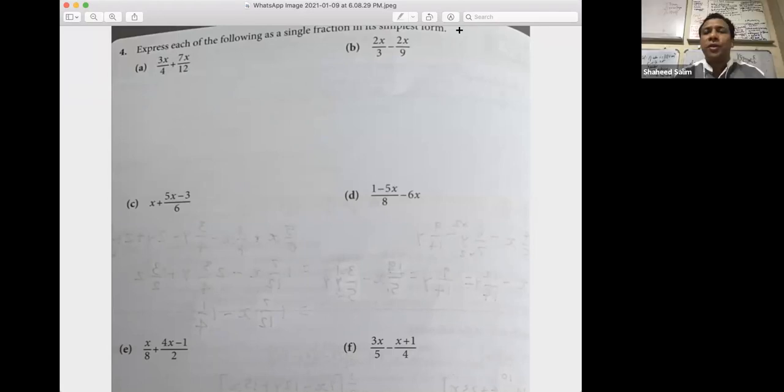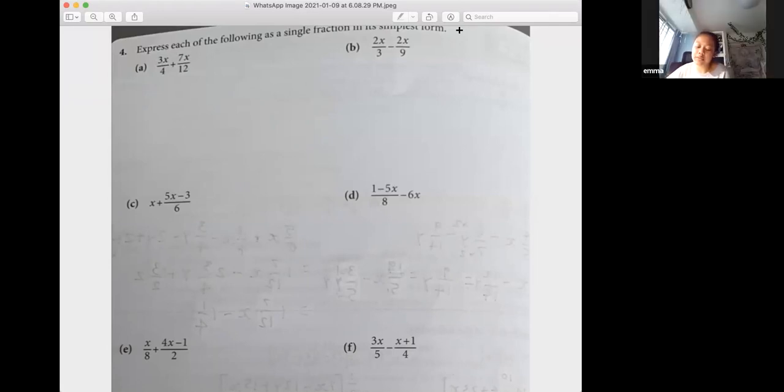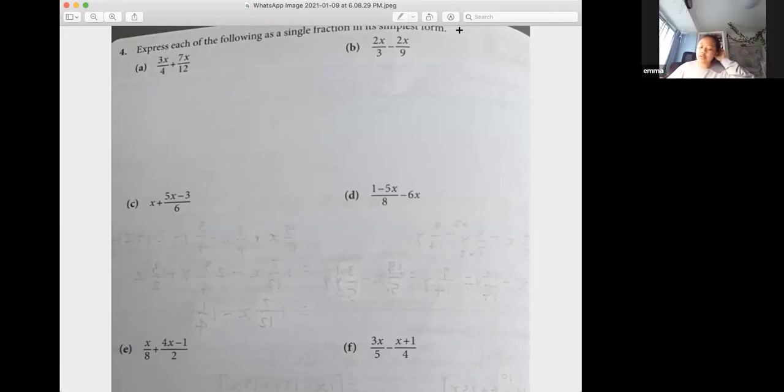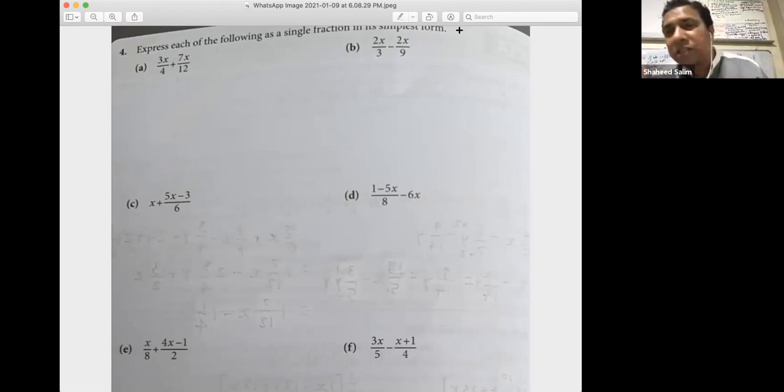What's your answer for 4A? If you've gotten it? 9x plus 7x squared. All right, you have not completed? You completed it. Sorry. I'm asking you too fast. 16x over 12. Well done, 16x over 12, but reduce it to lowest term because they tell you simplest form.